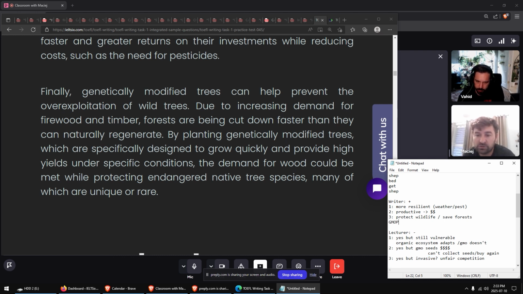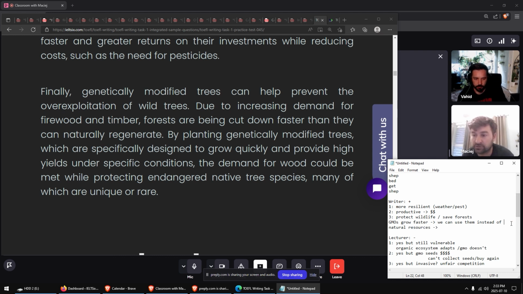So planting them gives resources faster, so instead of using the natural forest, instead of using natural trees. Okay, got it. And this means that's how we will protect the wildlife.